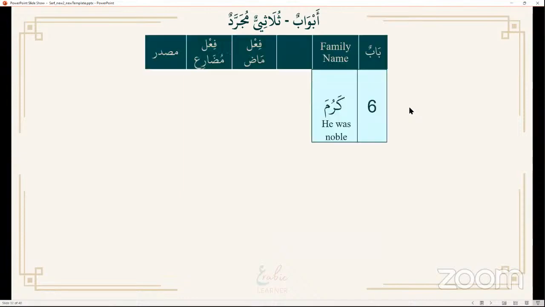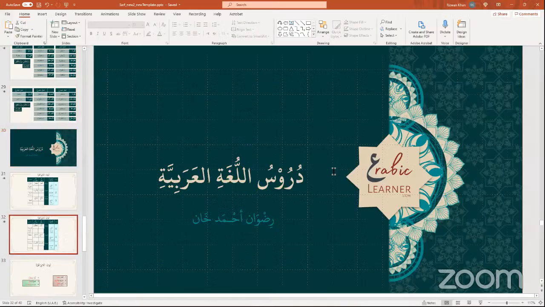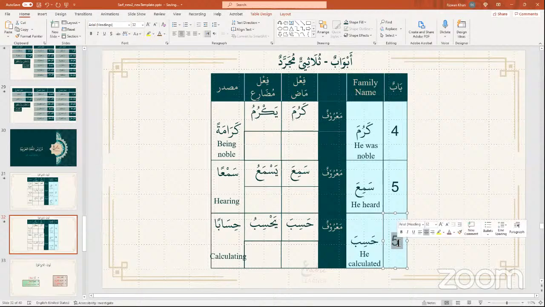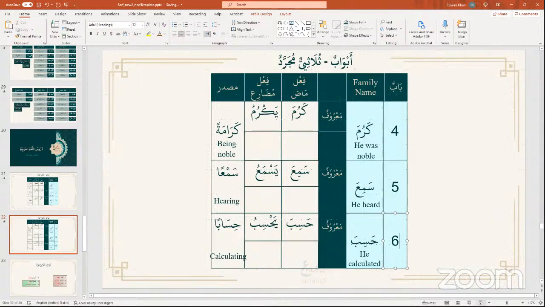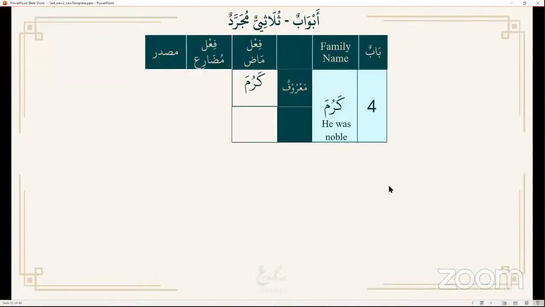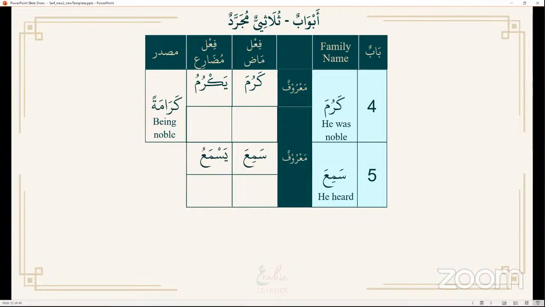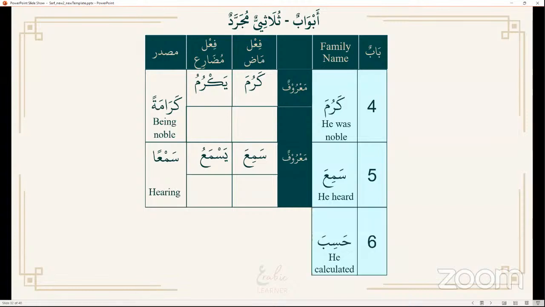Bab 4: karuma, yakrumu, karamatan. Bab 5: Sami'a, yasma'u, sam'an.